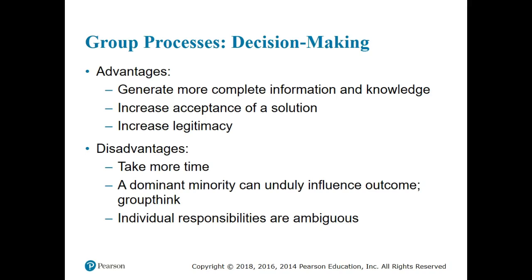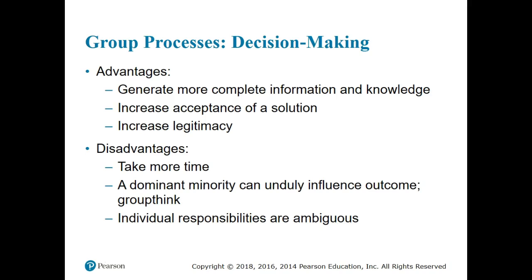Next, groups increase acceptance of a solution. Group members are reluctant to fight or undermine a decision that they have helped to develop. Finally, groups increase legitimacy. Decisions made by groups may be perceived as more legitimate than decisions made by one person.